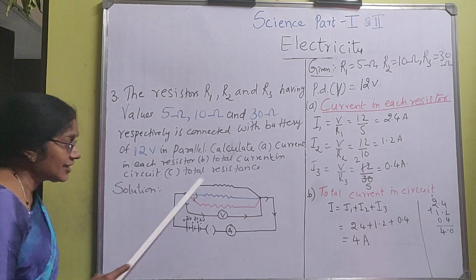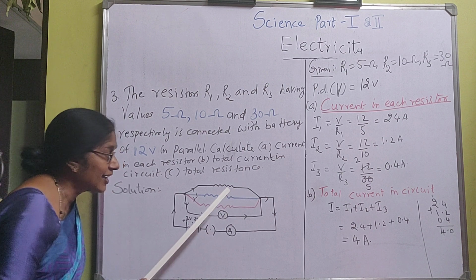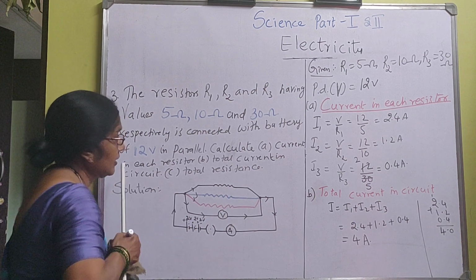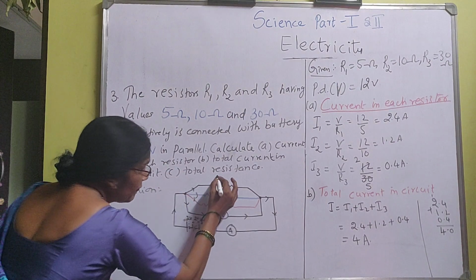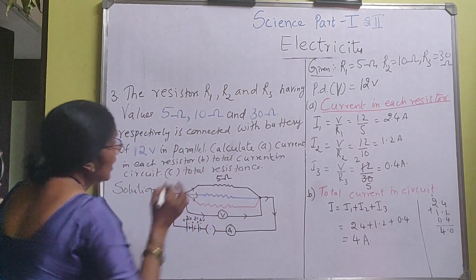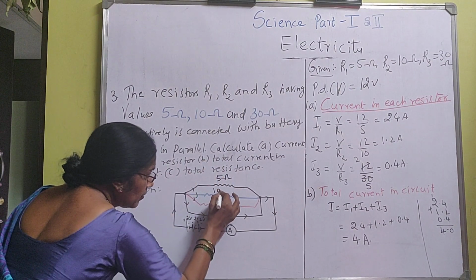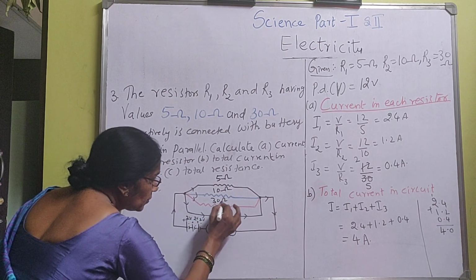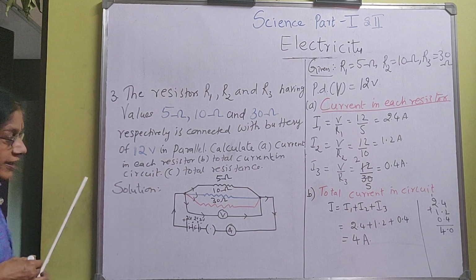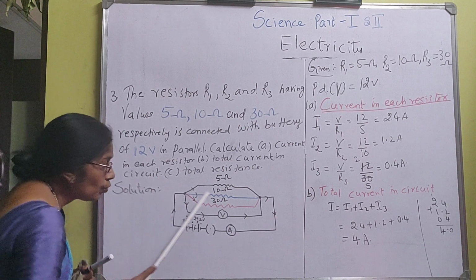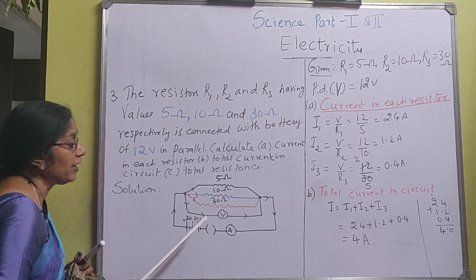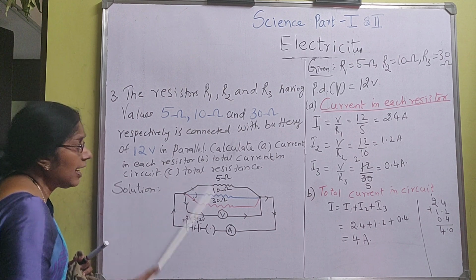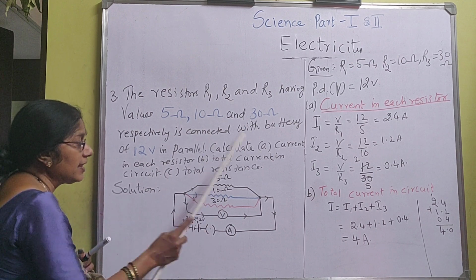Now we can see this is parallel, two common points are there. Here you can see this is having 5 ohm, this is having 10 ohm and this is having 30 ohm. So three different resistors are connected with each other having two common endpoints. This is called connection in parallel. We have to find out the current in each resistor.